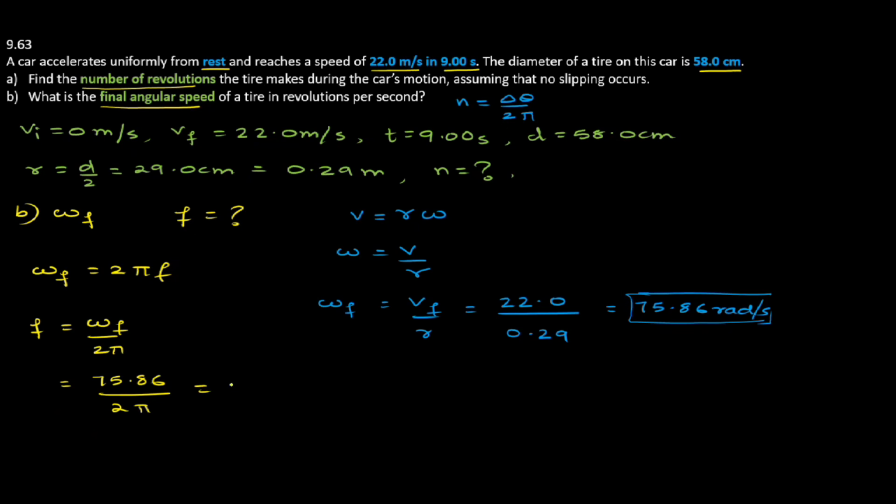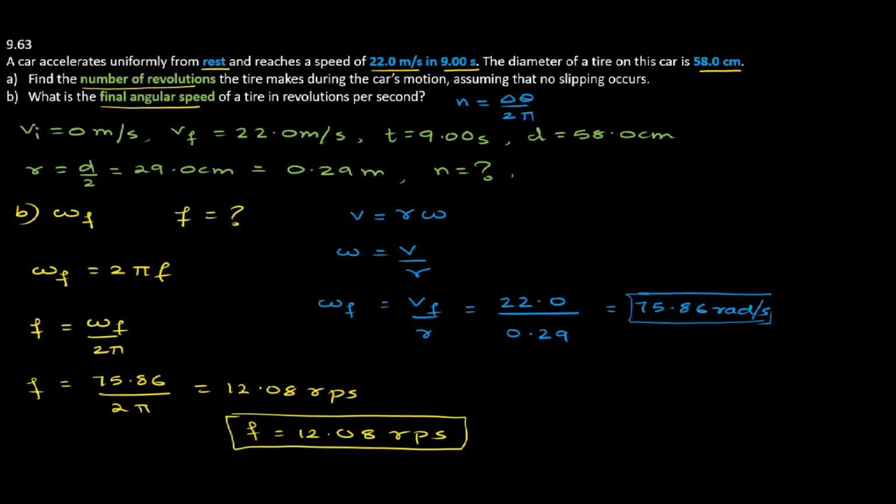And when you solve this, you get your answer as 12.08 revolution per second. So anytime they ask you to find angular speed in revolution per second or revolution per minute, they're basically asking you to find the frequency of the object.